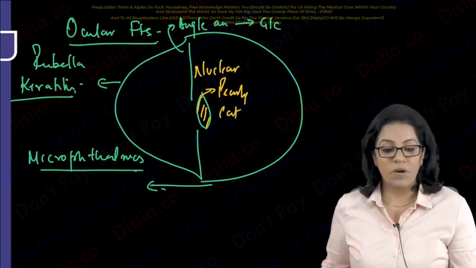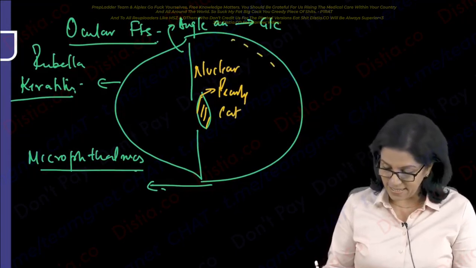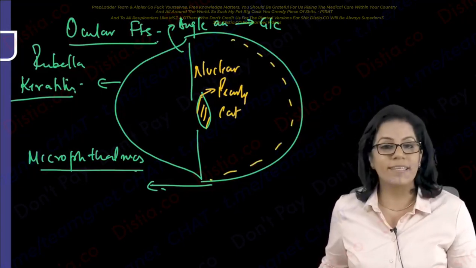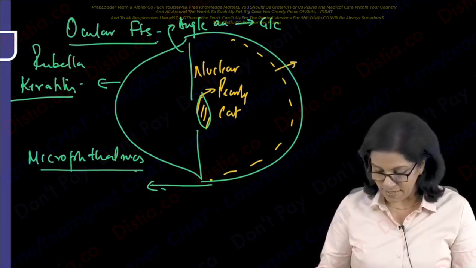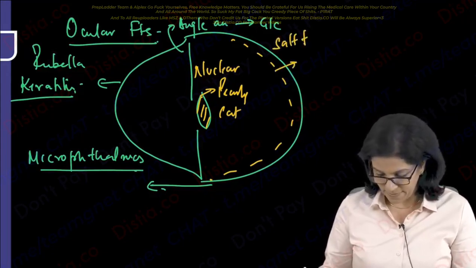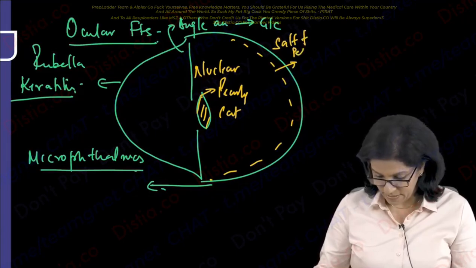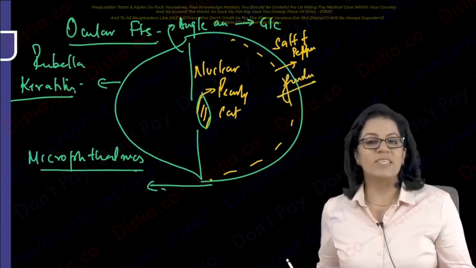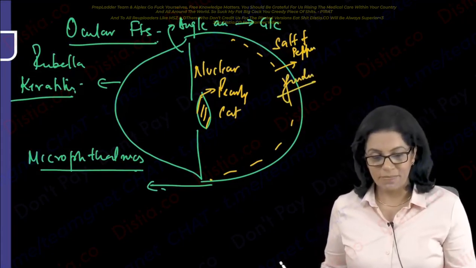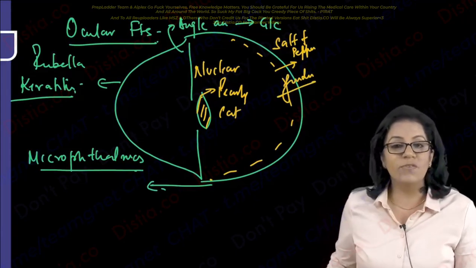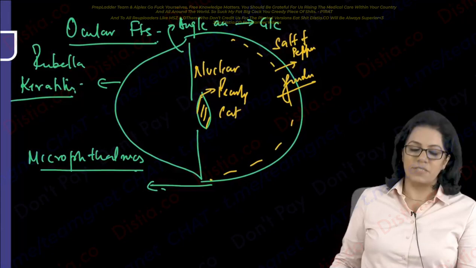Right? What else? In the retina, pigmentary retinopathy, that is salt and pepper fundus. So, salt and pepper fundus, that is pigmentary retinopathy. What do you get? Is salt and pepper fundus. Okay, so these are the features of rubella, ocular features.